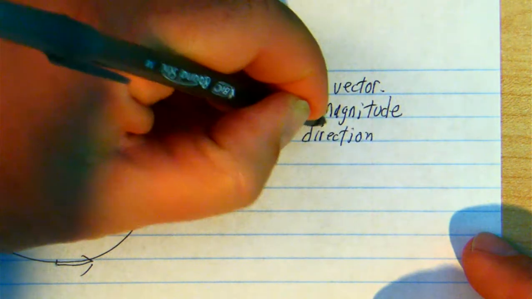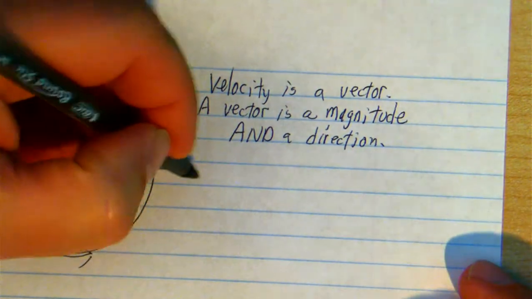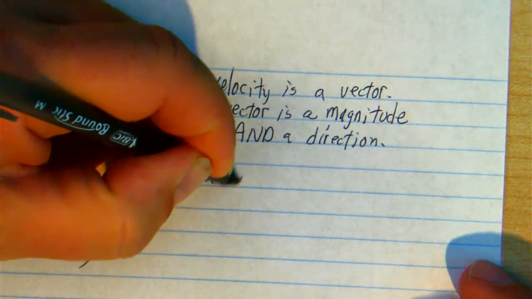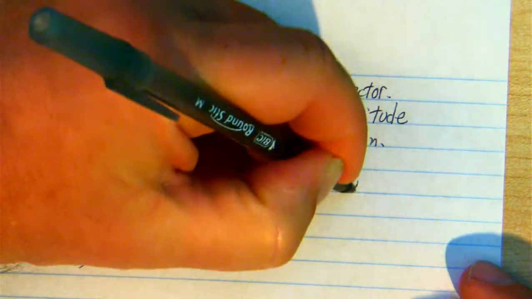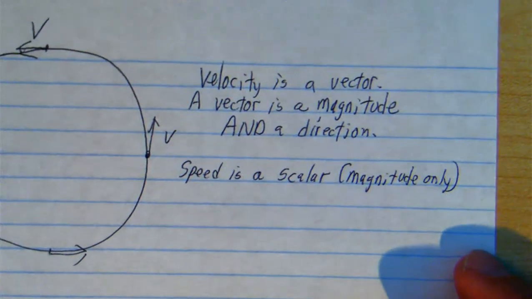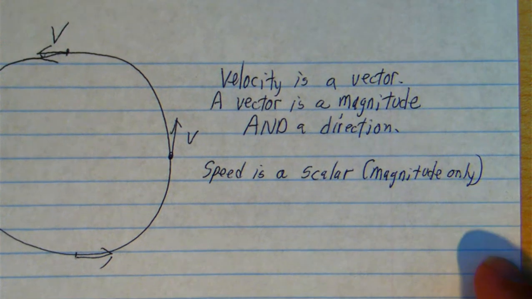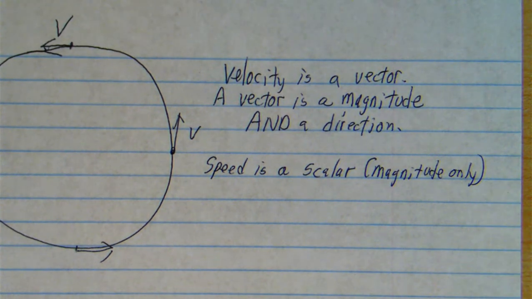That's what makes velocity different from speed. Speed is a scalar, and that means magnitude only, no direction. So my slowest speed can be 0, doesn't matter what direction I'm trying to move. Whereas my velocity can actually be a negative number if I define the direction that I'm moving as being a negative direction.